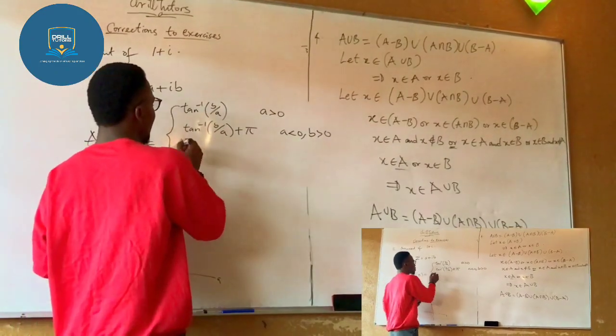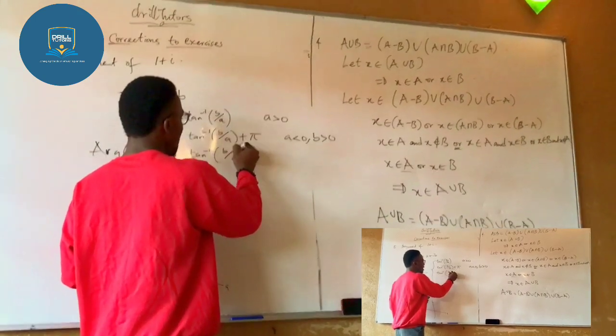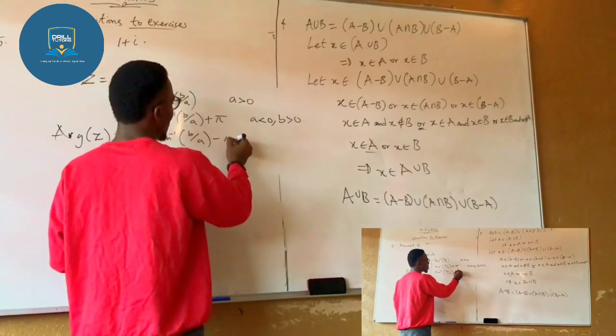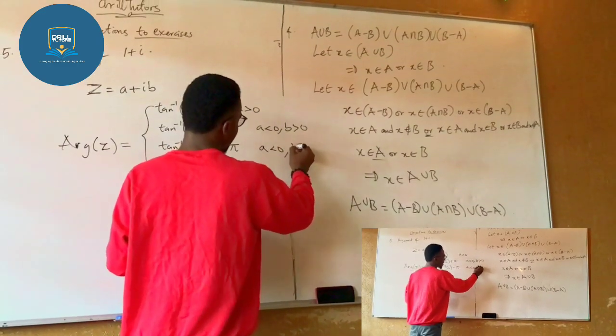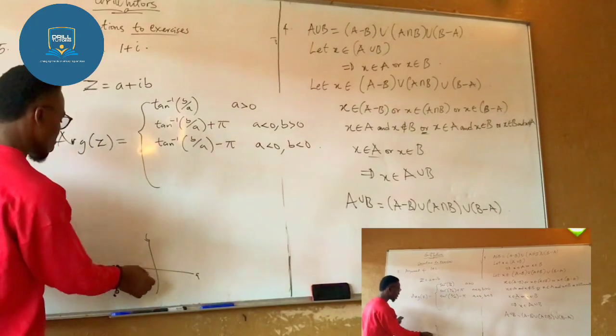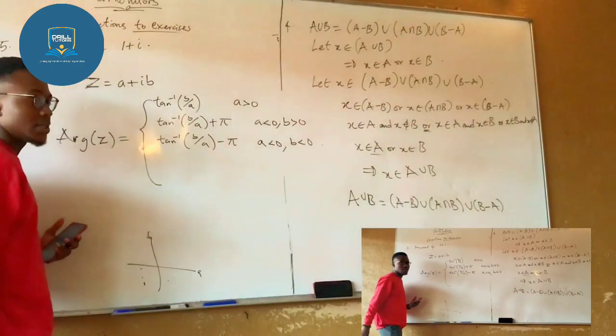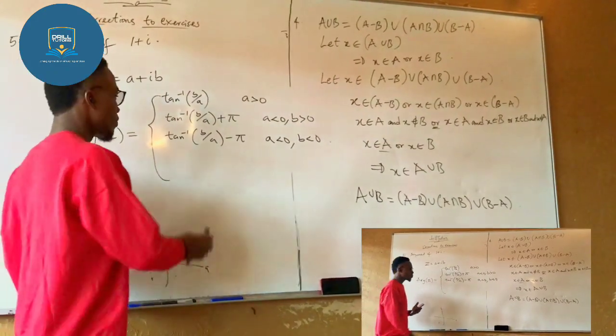Now, the argument of Z is tan inverse of B over A minus pi when A is less than 0 and, at the same time, B is also less than 0.